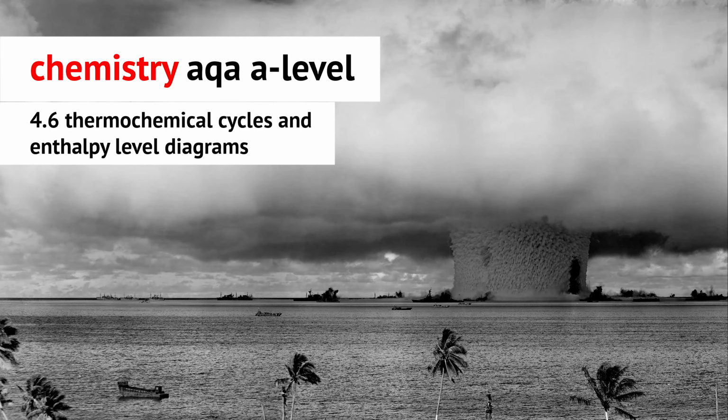Notice how the enthalpy level diagram makes it much clearer than the thermochemical cycle that ethanol has less energy than methoxymethane. This means that it is the more energetically stable compound. The values of delta H for the reaction are the same whichever method you use.